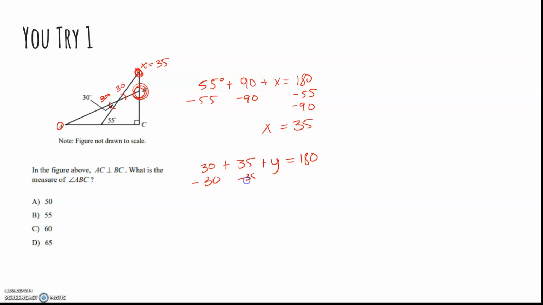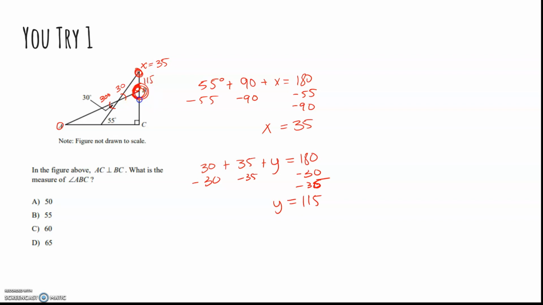Take off our 30 and 35, and that gives us that y is equal to 115. So this angle right here is 115.